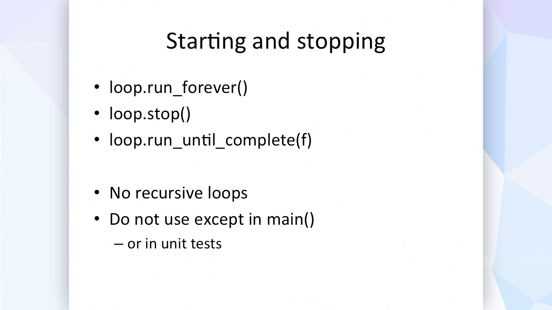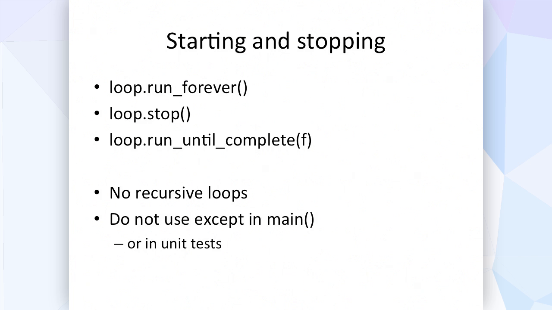And this, just like all the other things, if the feature completes by raising an exception, run until complete will also raise that exception. There's one important thing that sort of keeps you from using this too much. You cannot start the loop when it's already running. Some event loop mechanisms are very proud of the fact that they have recursive event loops.